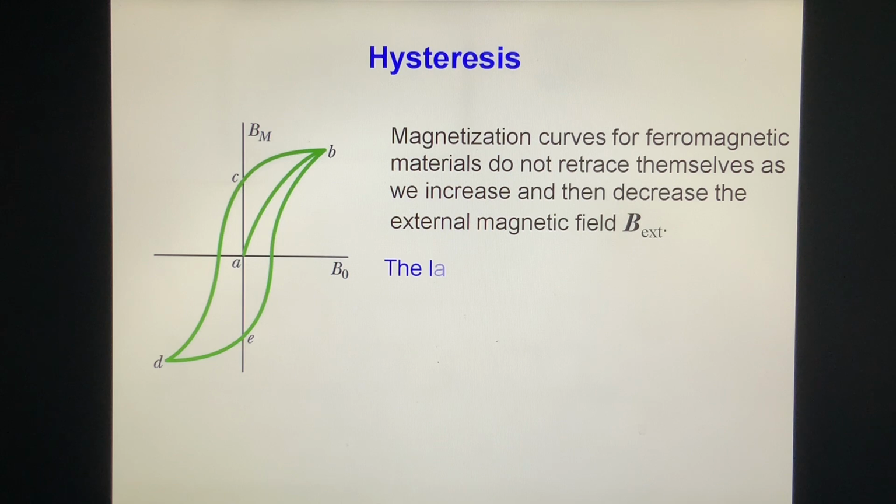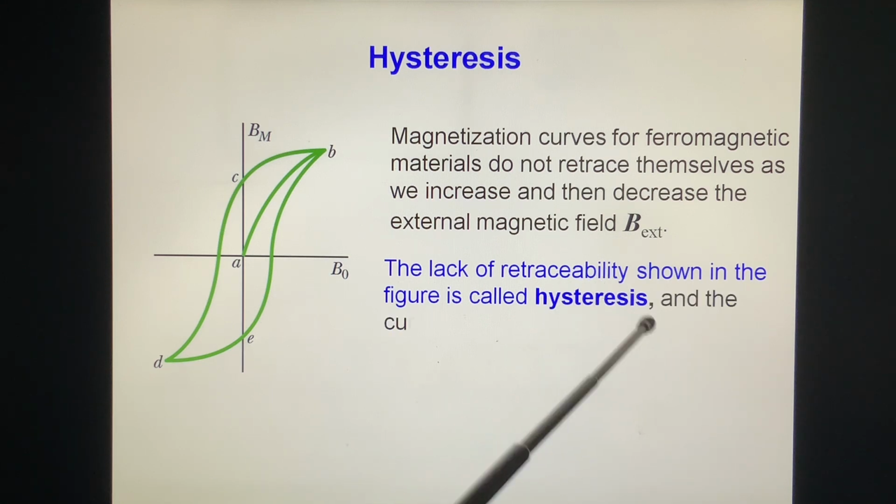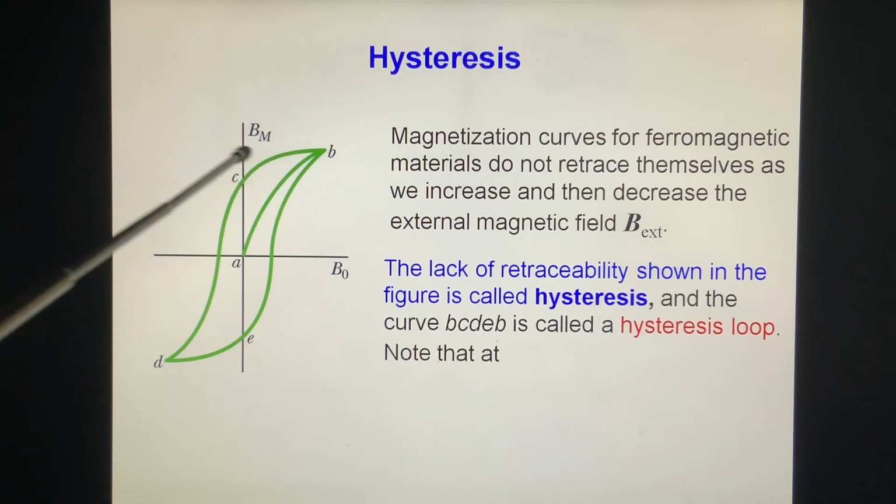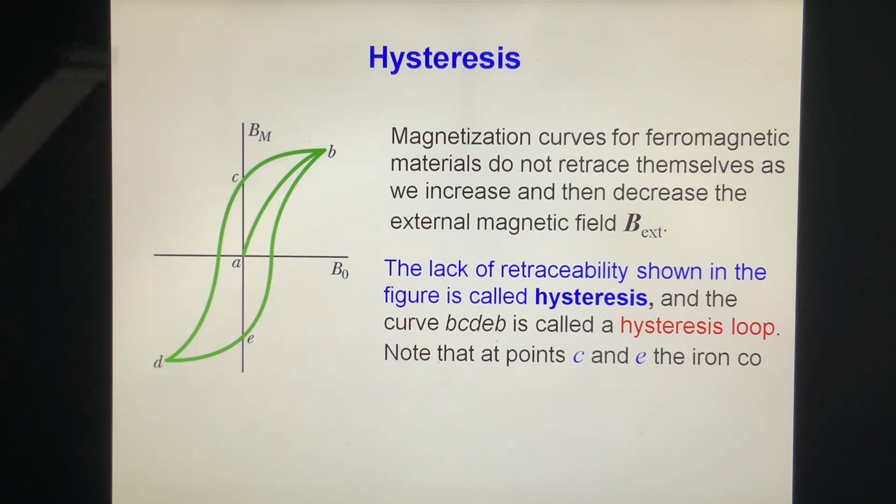So the lack of retraceability shown in the figure is called hysteresis. And the curve BCDEB is called the hysteresis loop.